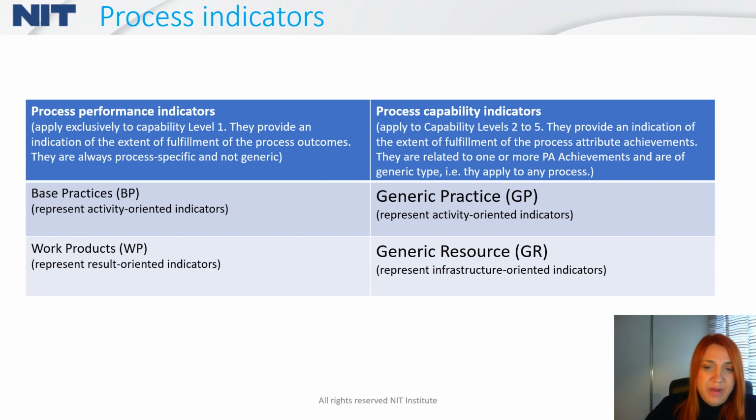We have generic practices and generic resources. The difference between generic practices and generic resources is that the former represent activity-oriented indicators, while the latter represent infrastructure-oriented indicators for judging objective evidence.